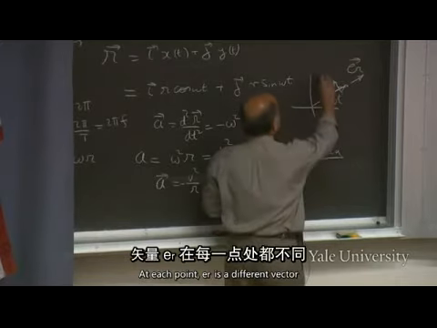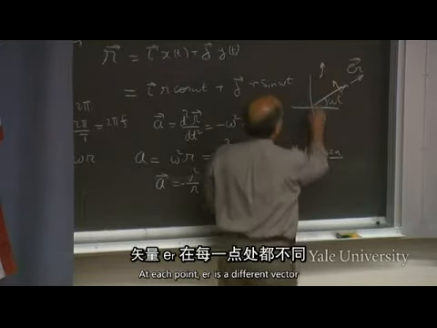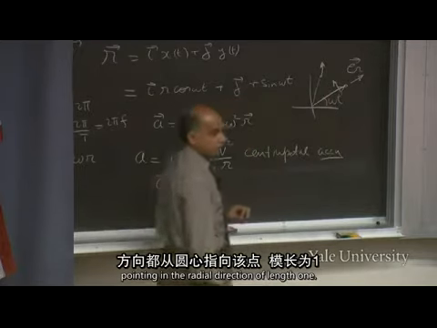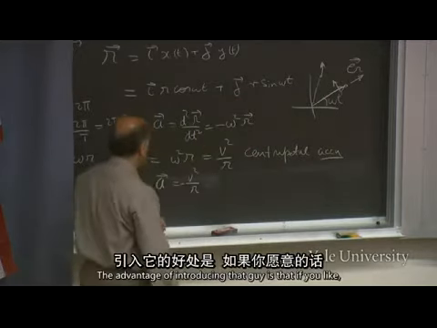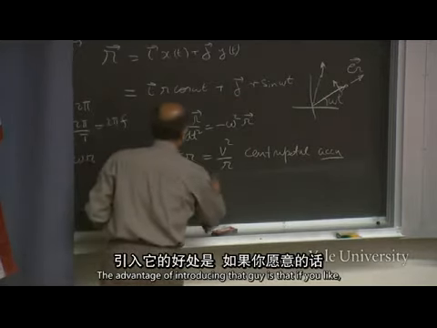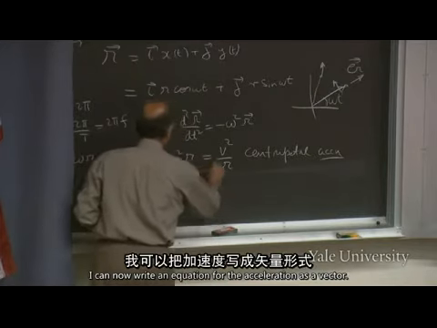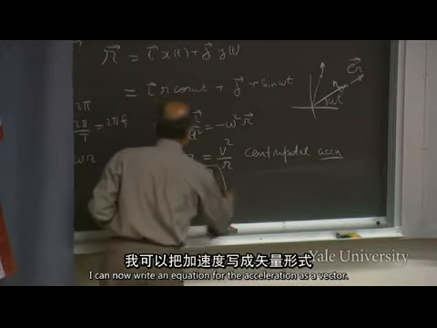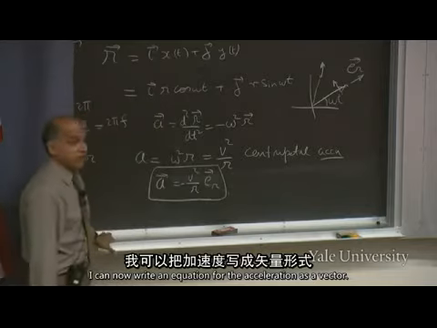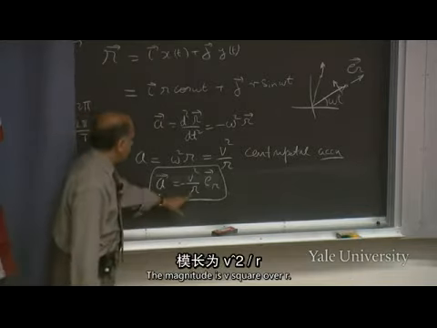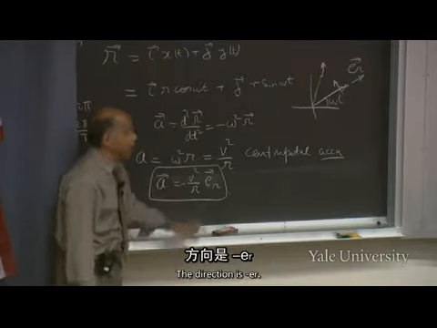At each point, e_r is a different vector pointing in the radial direction of length 1. The advantage of introducing that guy is that if you like, I can now write an equation for the acceleration as a vector. The magnitude is v squared over r. The direction is negative e_r.